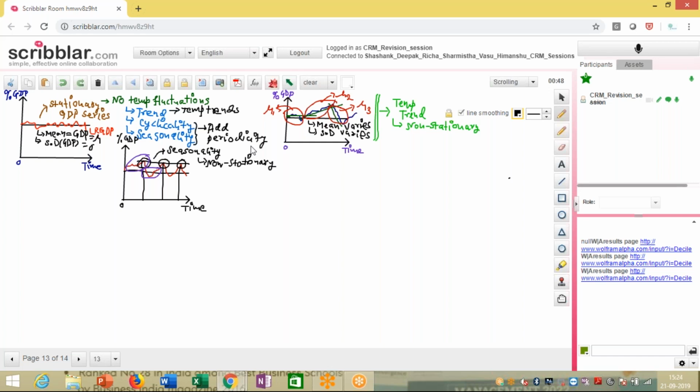So first of all, let's characterize a time series and see how a non-stationary time series would look. How would you identify whether a series is non-stationary and what tests would you do?